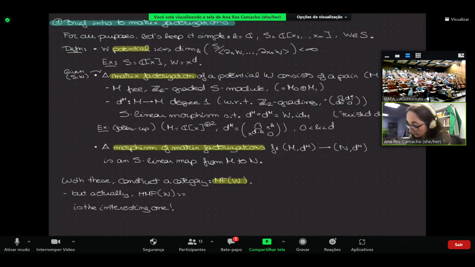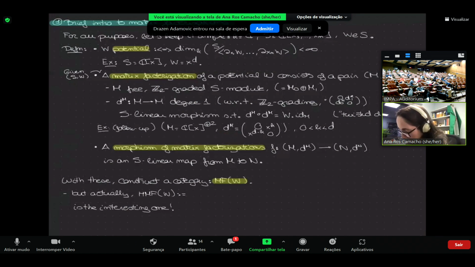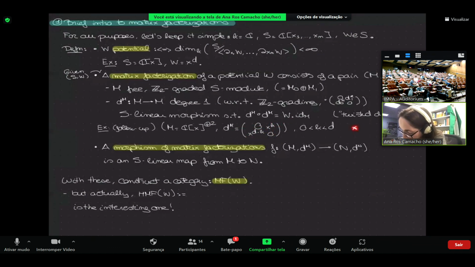So if you want to check, compose this twice with itself by simple matrix multiplication, and you will get x^d times the identity matrix, satisfying exactly the condition we need.